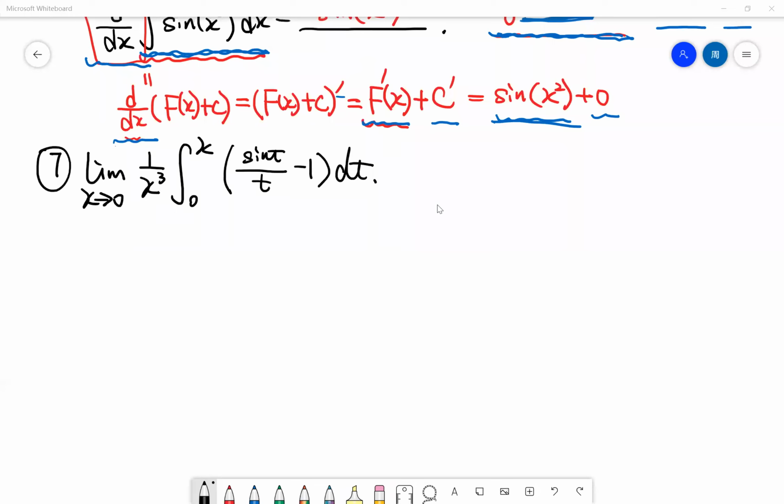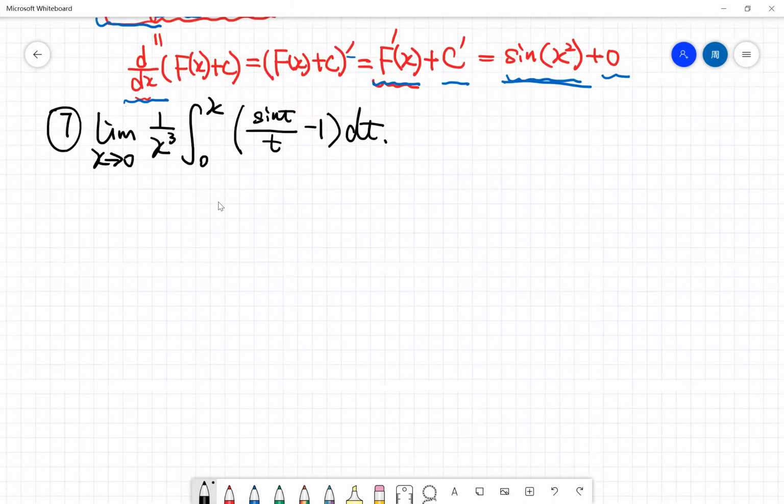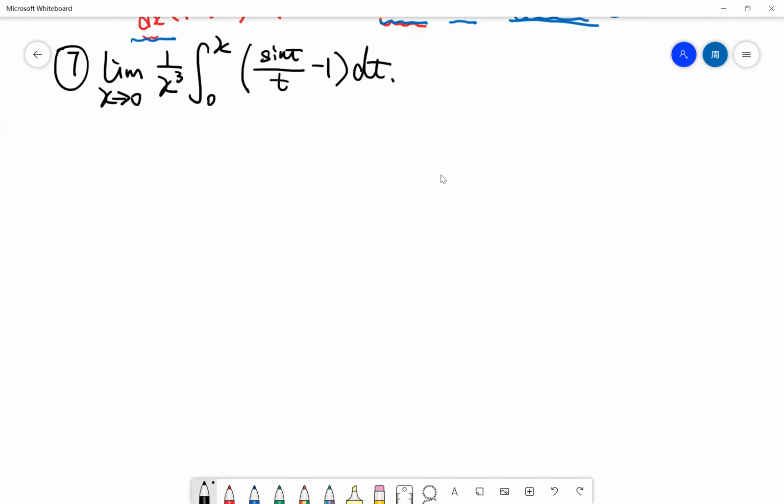Anyone has any idea about how to solve this question?